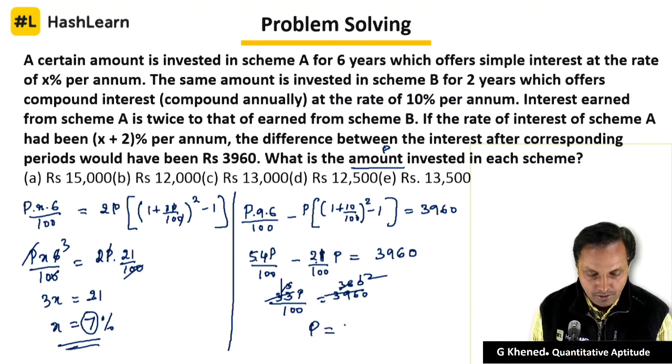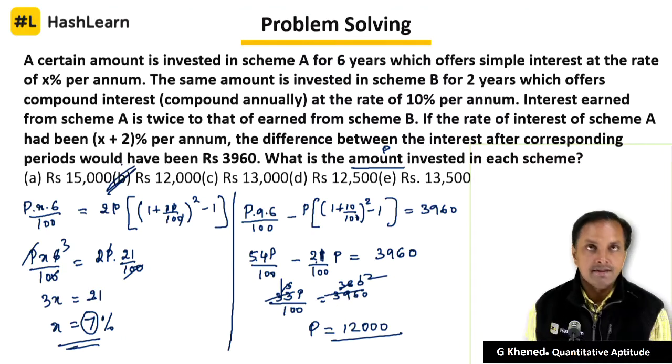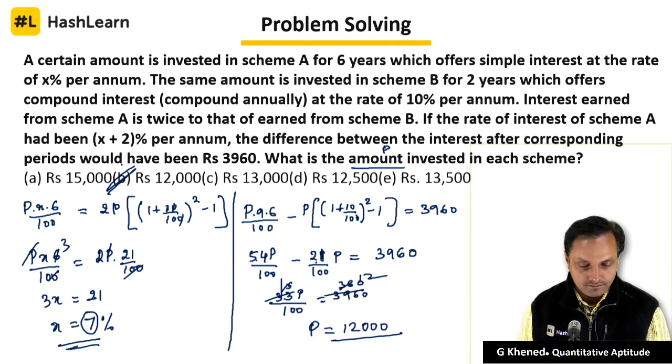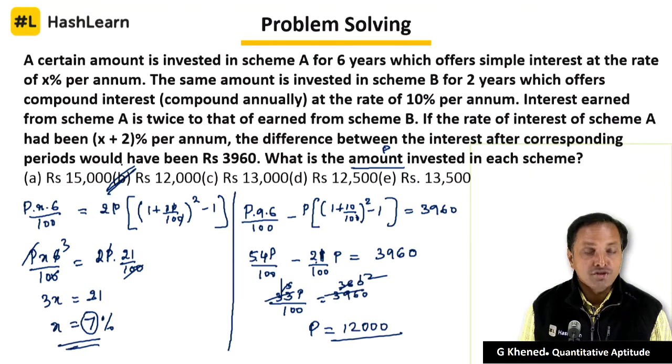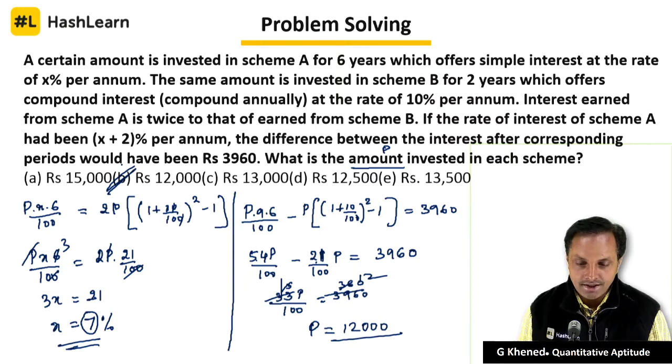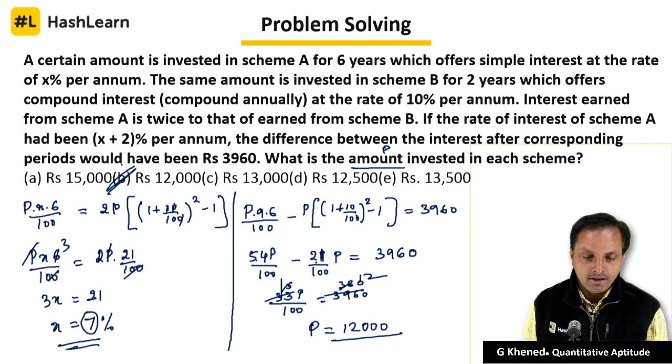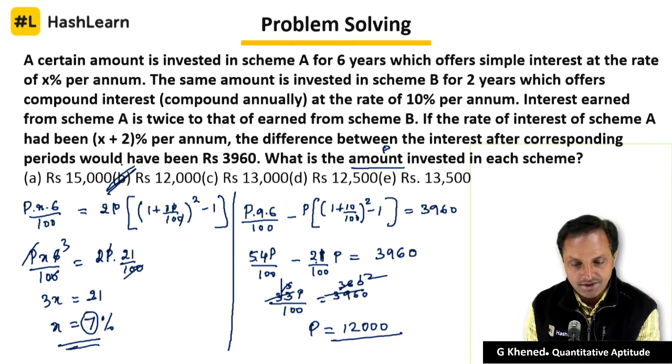So your P will be equal to 12,000. Is there any option? Yes, there is an option B. So the amount invested in each scheme is 12,000 rupees. So here the problem has to be done in two cases. In the first case you can find the rate per annum, and in the second case you can find the amount invested.